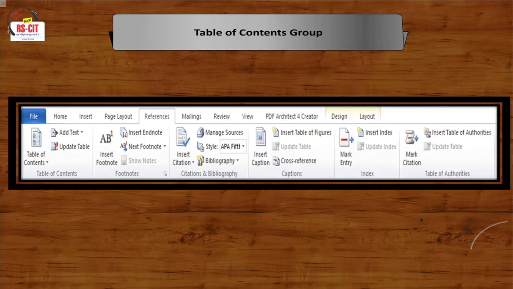In the Table of Contents group, the available options are Table of Contents, add a table of contents to the document. Add Text, add the current paragraph as an entry in the table of contents. Update Table, update the table of contents so that all the entries refer to the correct page number.